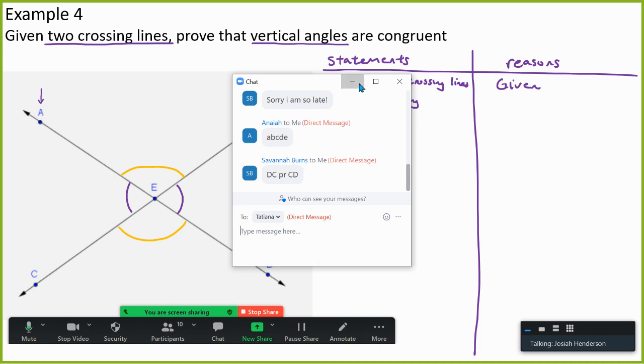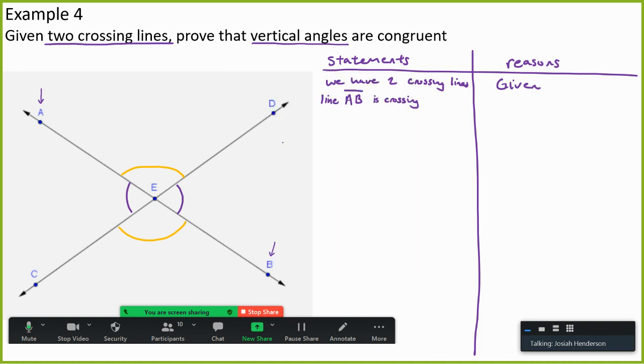DC or CD. Savannah, correct. In the chat, Savannah said line CD or line DC, and that's good. We can name it either direction, but we have to use some points that are on the line, C and D. So we have line AB is crossing line CD, and it's okay if you named it DC, that's fine too.